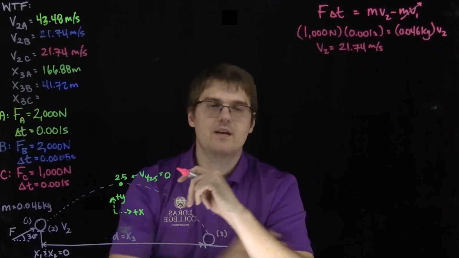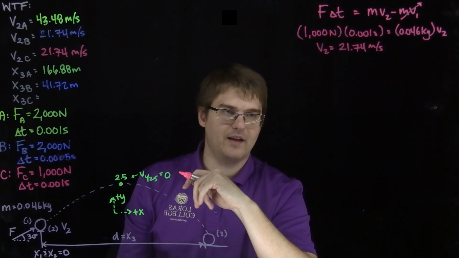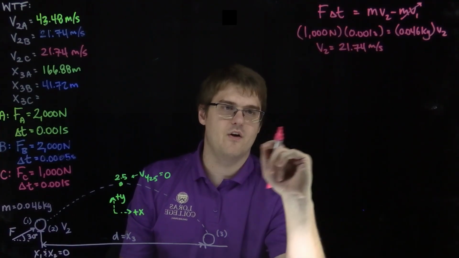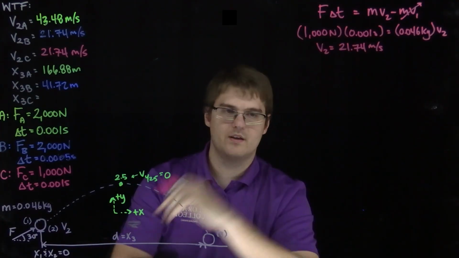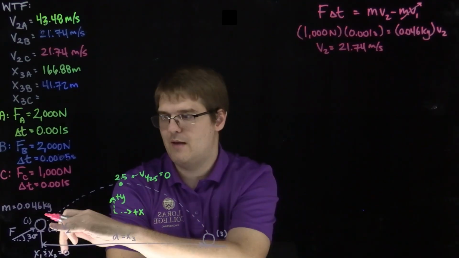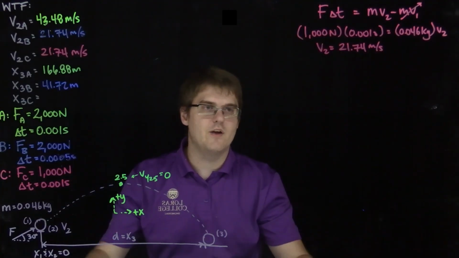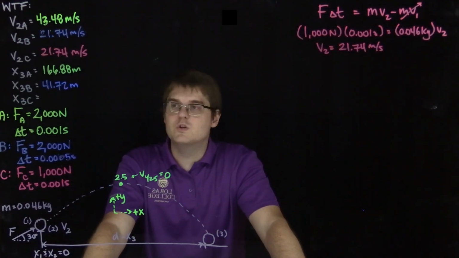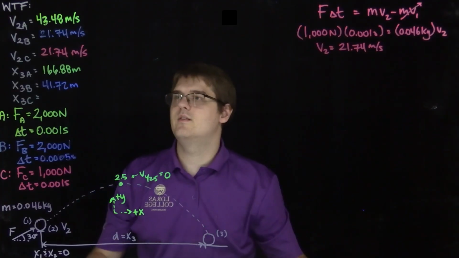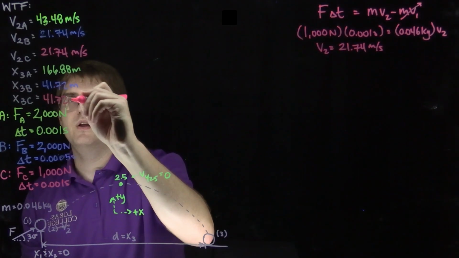There was a time, but that was a different time. That was the time between here and here, not the time between 1 and 2. Time between 1 and 2 never showed up, which means that this x3 in C is going to end up being 41.72 meters.